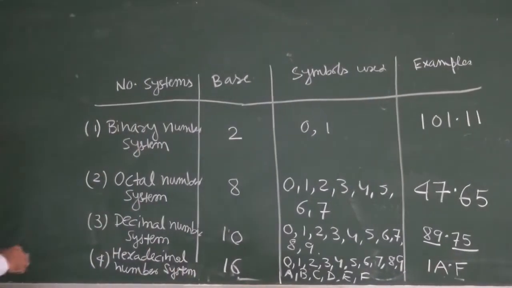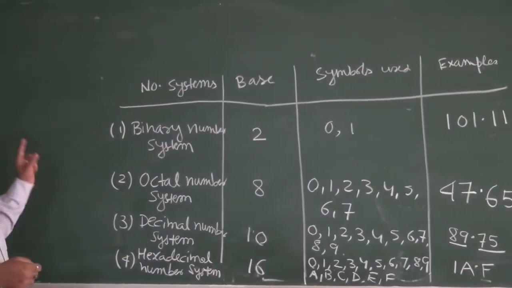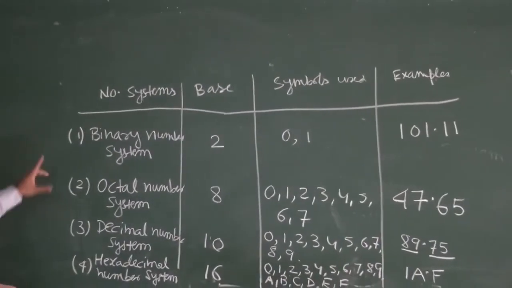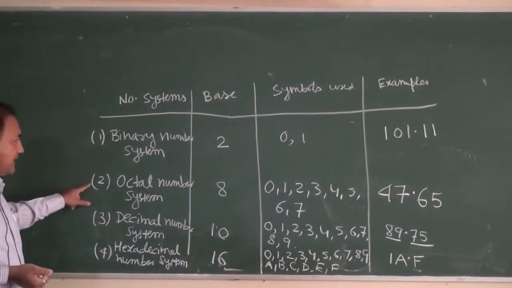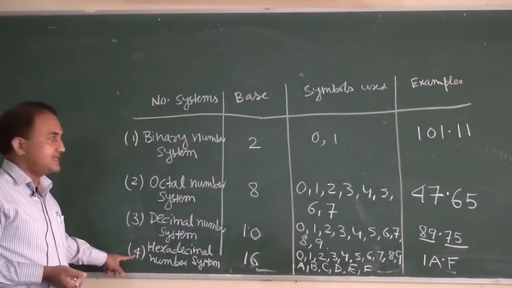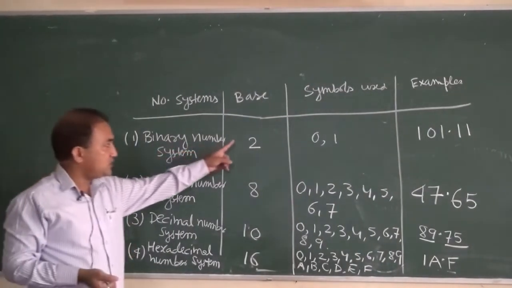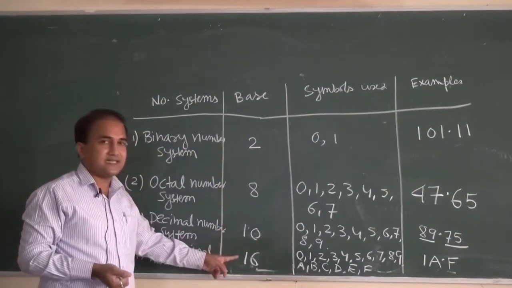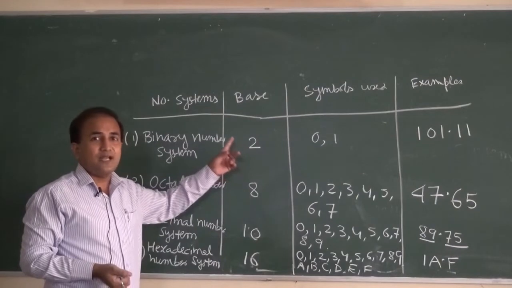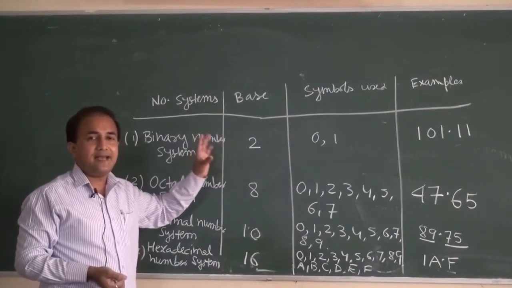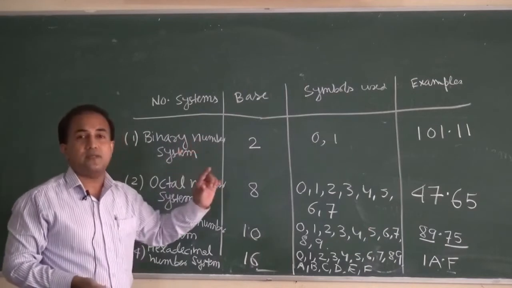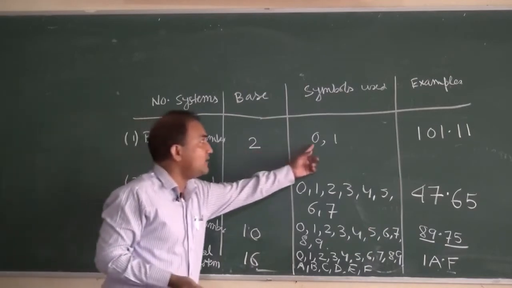Okay. So in this table you can see that there are 4 number systems: binary, octal, decimal and hexadecimal. Base is 2, 8, 10, 16. Why is it 2? Because you are representing any number in binary number system by using only 2 symbols, 0 and 1.